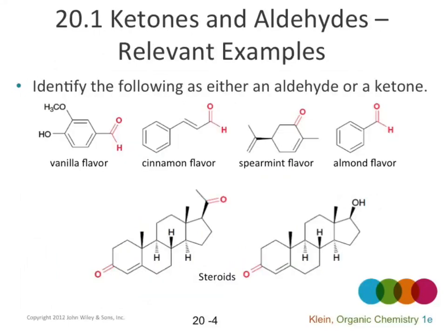So your textbook goes through and lists a whole bunch of different things that have carbonyls. This compound, kind of fun. Well, vanilla, you've already seen that one with our vanillin. The cinnamon flavor, we're looking at trans-cinnamaldehyde. If you want to practice spectroscopy because your spectroscopy score was really bad, you might go and look at that spectroscopy packet that I posted way back when that reviewed and gave you 10 to 15 problems.